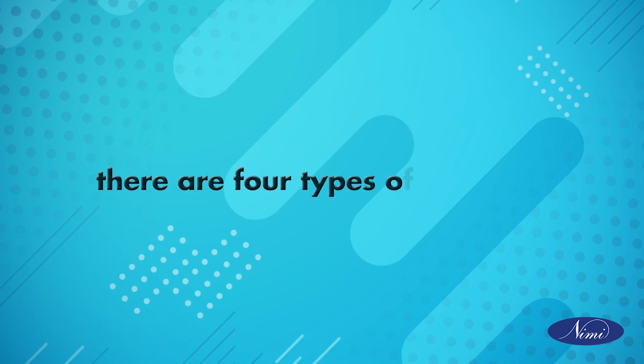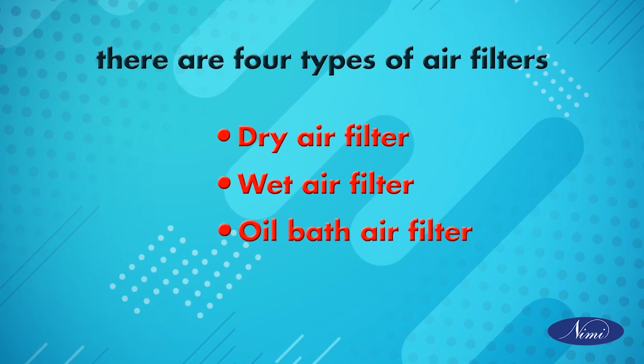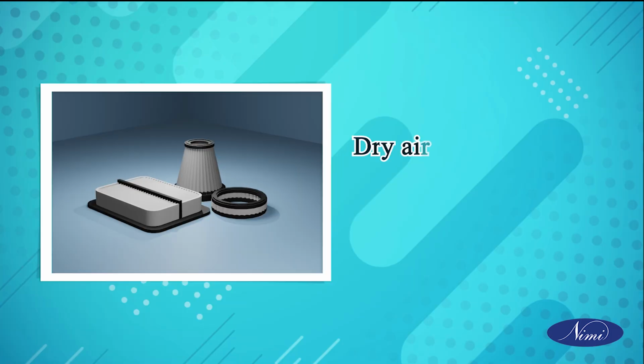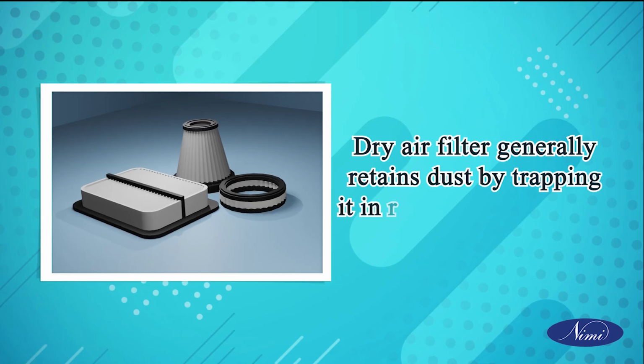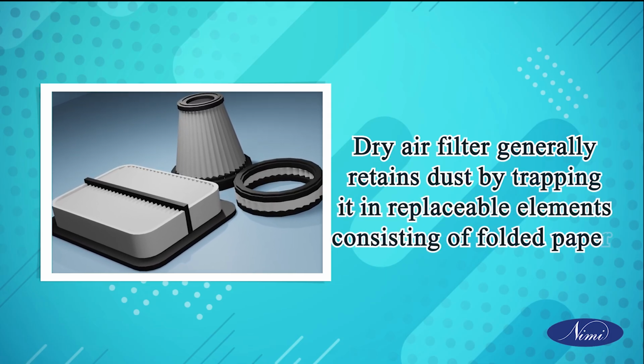There are 4 types of air filters: dry air filter, wet air filter, oil bath air filter, and cyclone pre-filter. Dry air filter: a dry air filter generally retains dust by trapping it in replaceable elements consisting of folded paper.